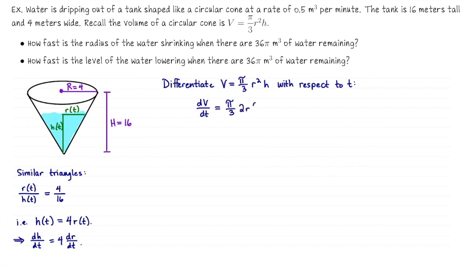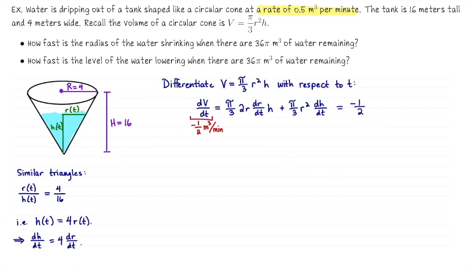So differentiating the first term, that's 2r dr/dt, and then times h, plus pi thirds r squared dh/dt. We know that dV/dt is negative 1/2 because the volume is decreasing at a rate of 0.5 meters cubed per minute.